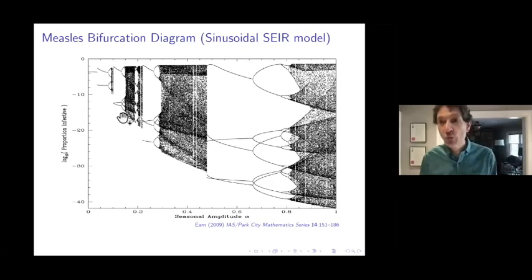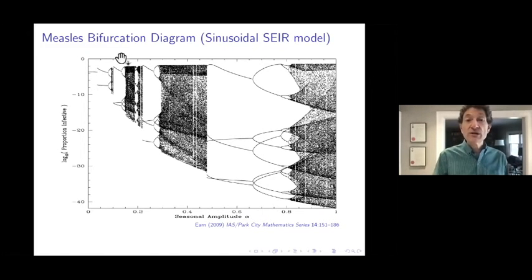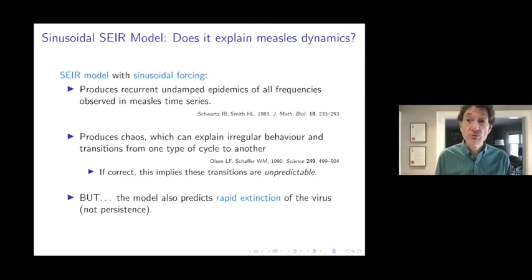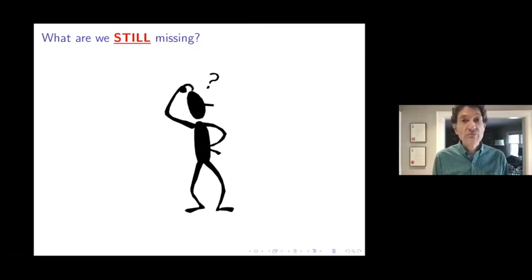So that's nobody. And so if we are in that regime, then in fact, we would have predicted for any reasonable population size that the pathogen would have gone extinct. So that's not good. So we must still be missing something. What might that be?